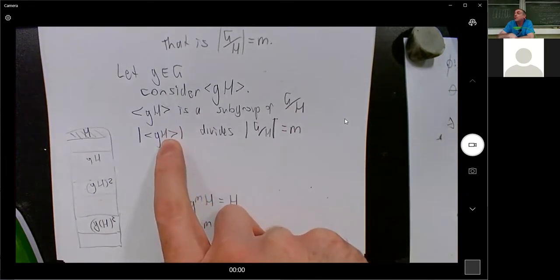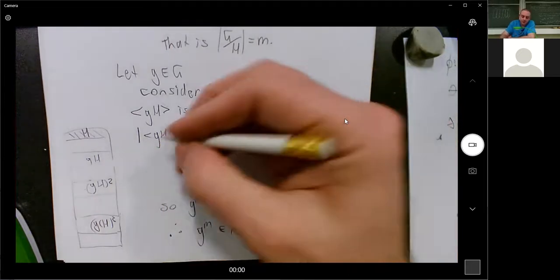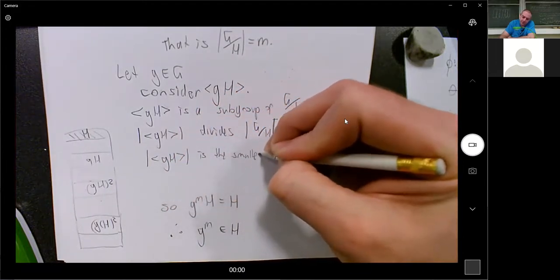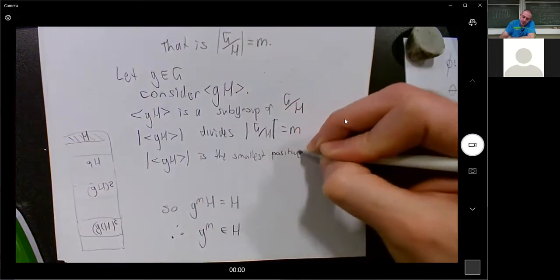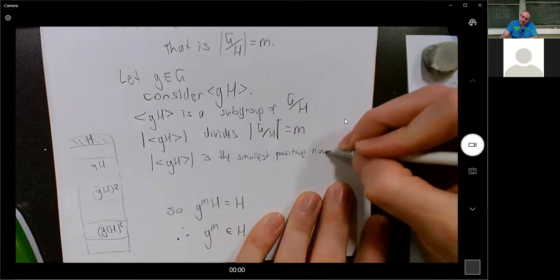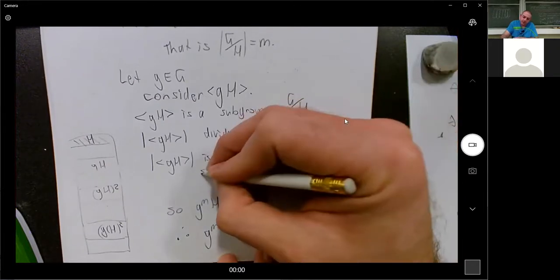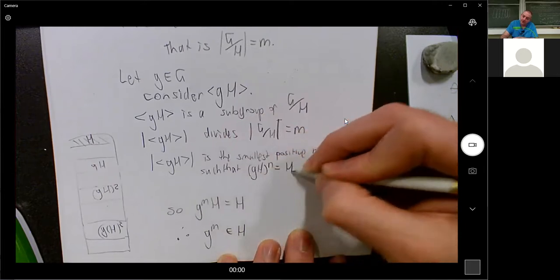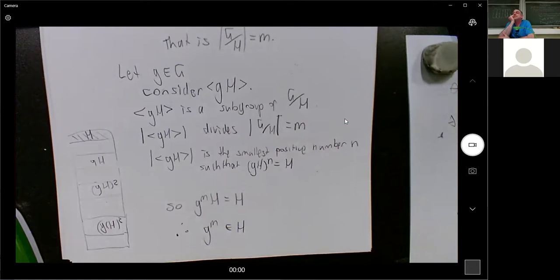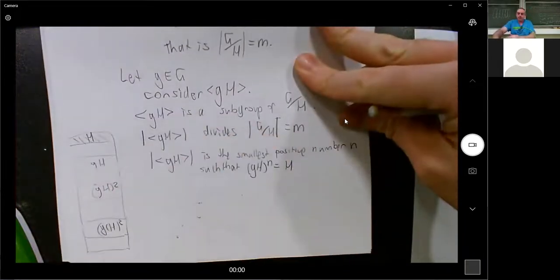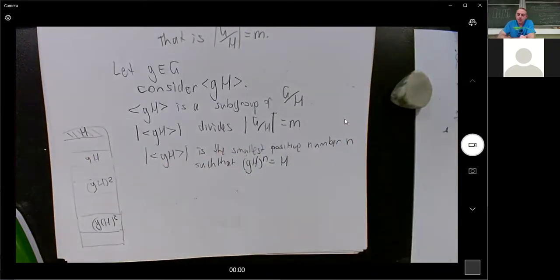It's the smallest positive number n such that gH to the n is the identity, and that number divides m.